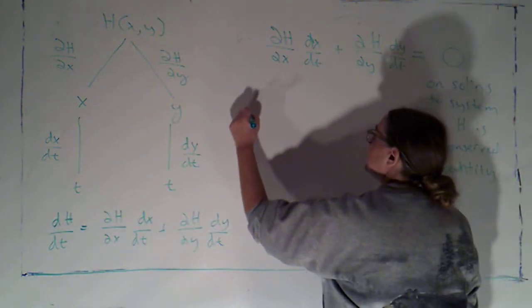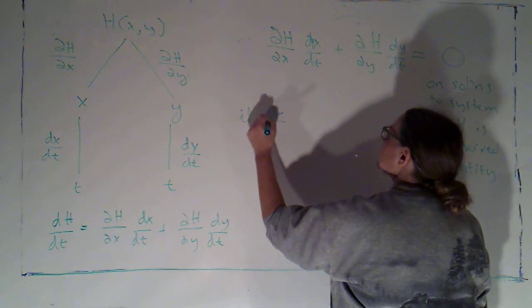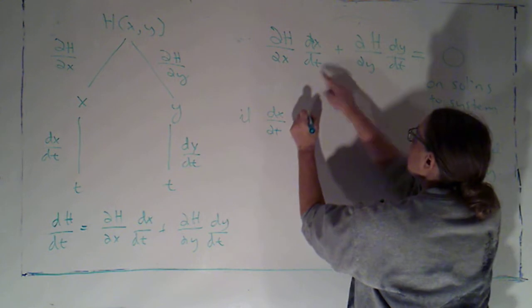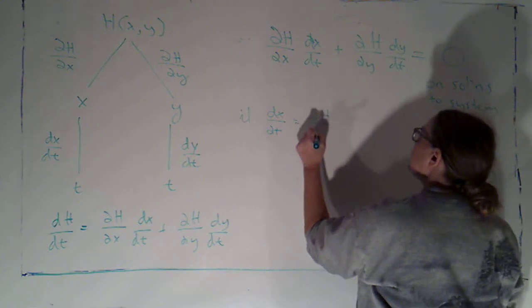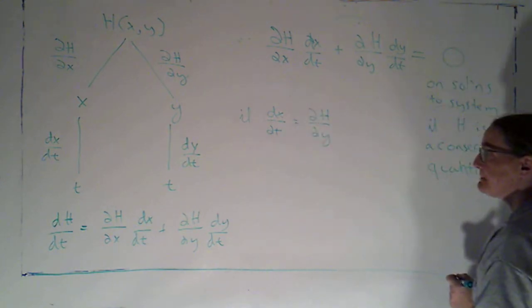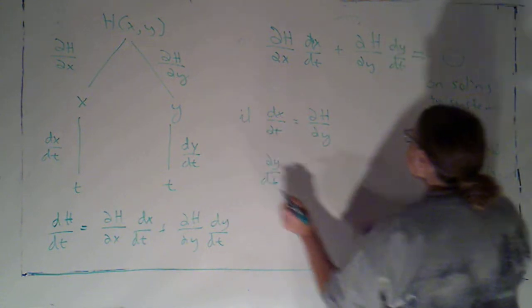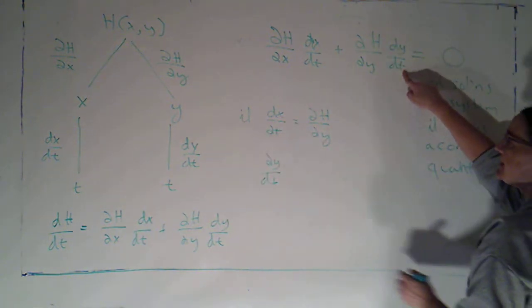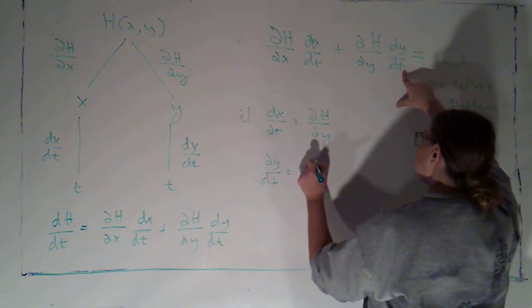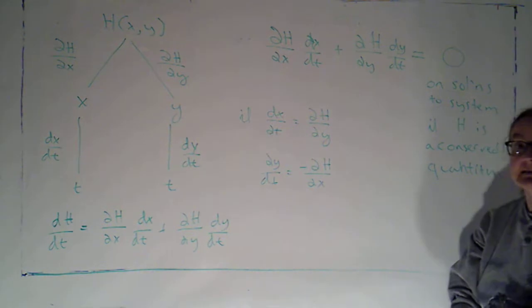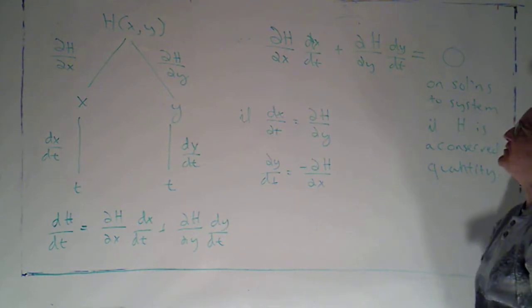If dx by dt, so if I make this equal to the partial of h with respect to y, and then I'm going to make dy by dt be the opposite of the partial of h with respect to x. This feels kind of cheap.